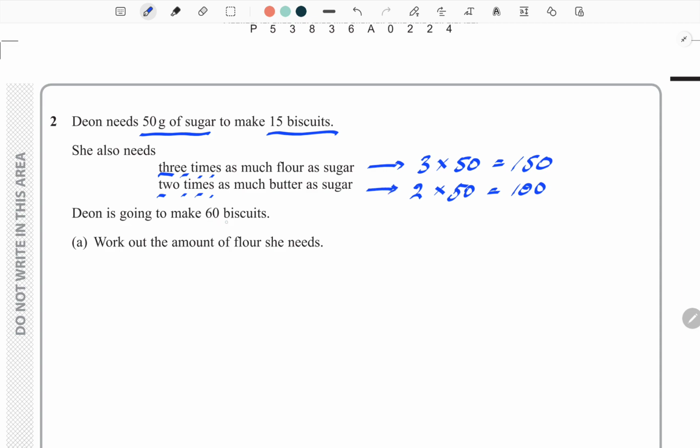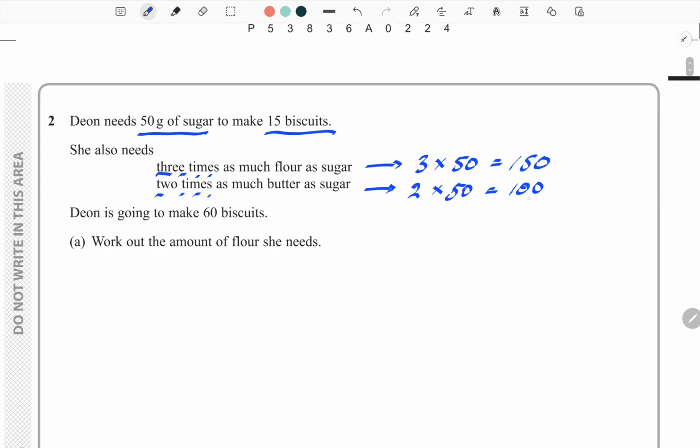So that's how much you need for 15. If you want to make 60 biscuits, is what the question is saying, so 60 divided by the 15 that we have so far, I want effectively 4 times the amount of the ingredients for the 15 biscuits. And the one that they want the quantity for is the flour.